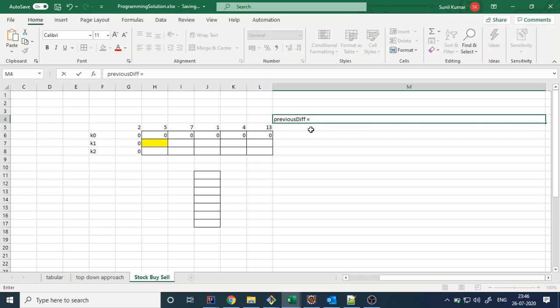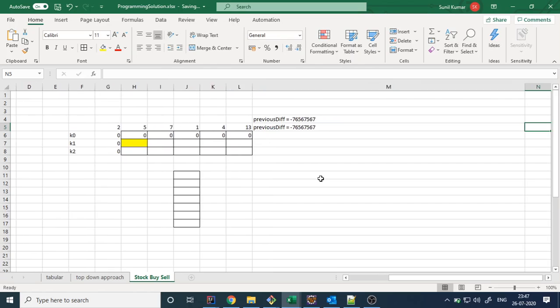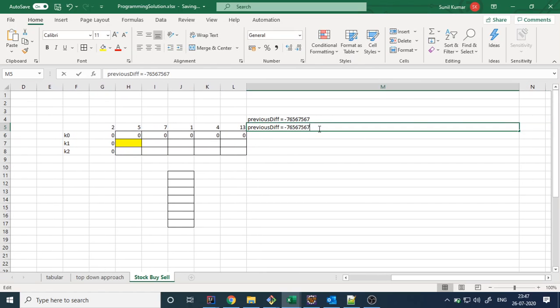Initially I am taking some negative value, and then after that, how do we calculate the previous difference? The previous difference is nothing but Math.max. Let me explain how we can choose. We take the previous diff we have, and then the transaction value of the last transaction.